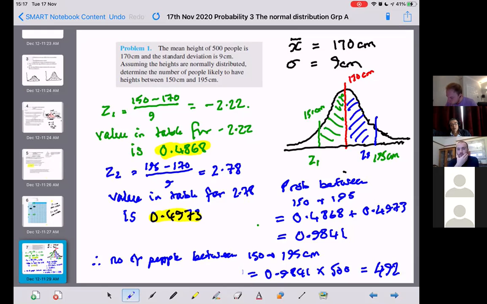So when we standardize that curve and look at the probability of the two heights, 150 and 195, that will give us statistically that there are 492 people between those heights, and the other 8 fall either taller than 195 or shorter than 150. Statistically, that'll be shown on the ends of the graph. So the 8 people, there'll be these two little areas on the ends.